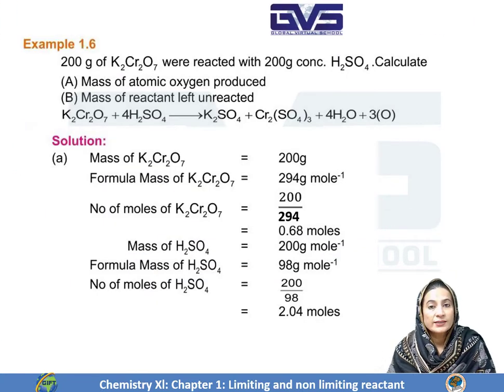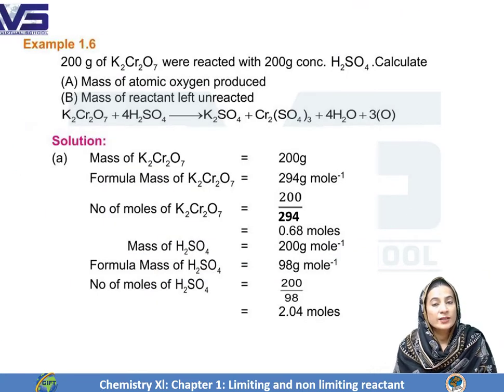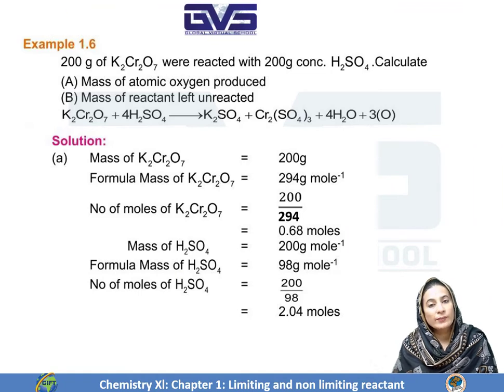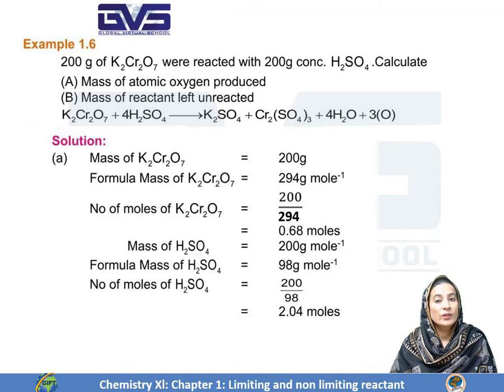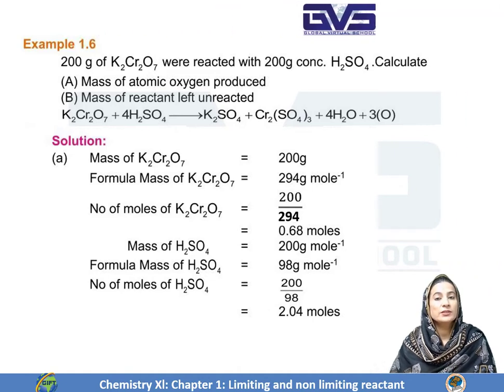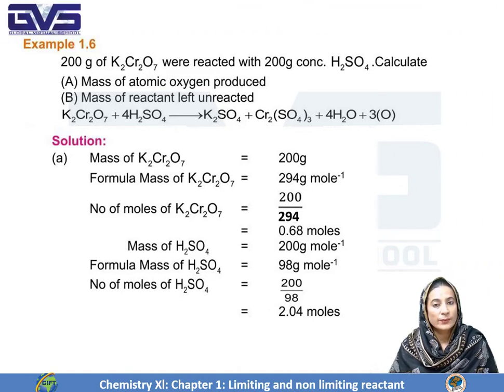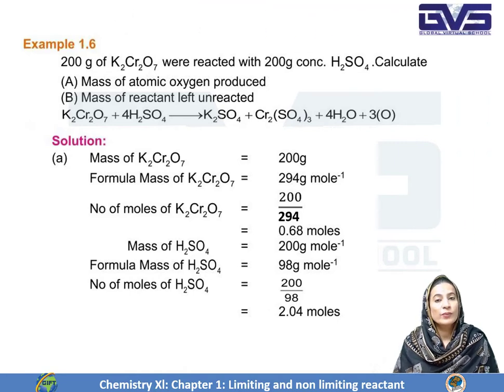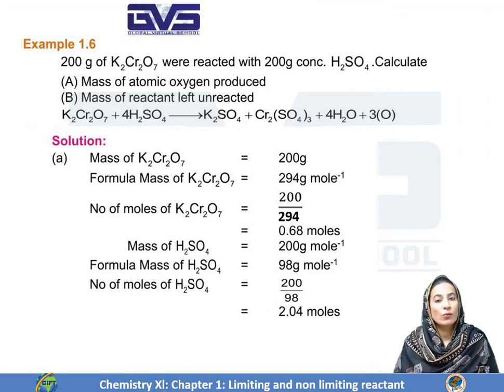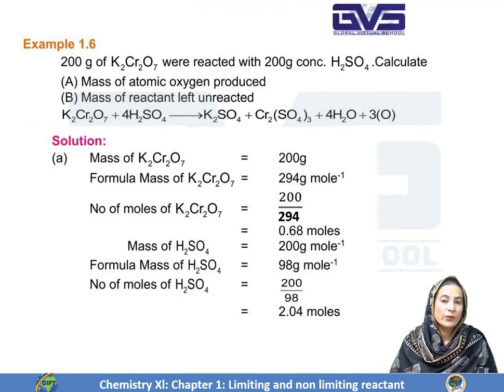Now we will understand how to identify the limiting reactant and non-limiting or excessive reactant, and how much excessive reactant is left, with the help of this example. This is a solved example from your chapter, but here I am calculating for you just to make you clear about how to identify the limiting reactant in a reaction.